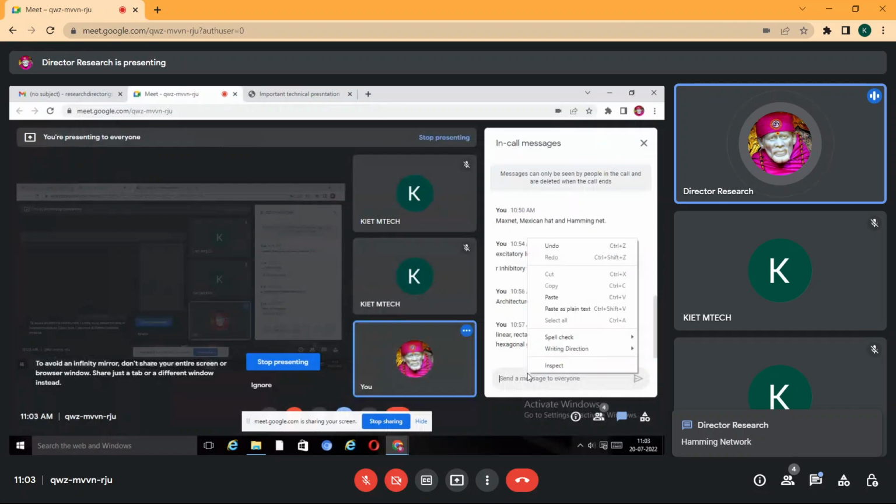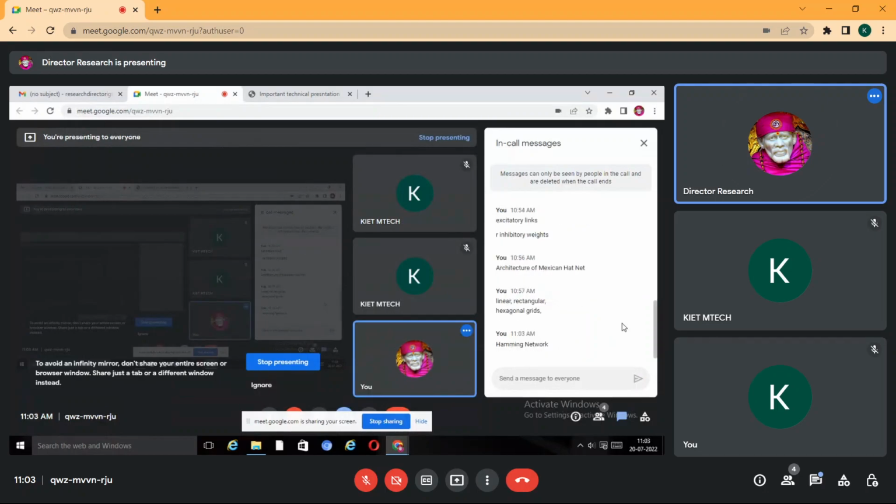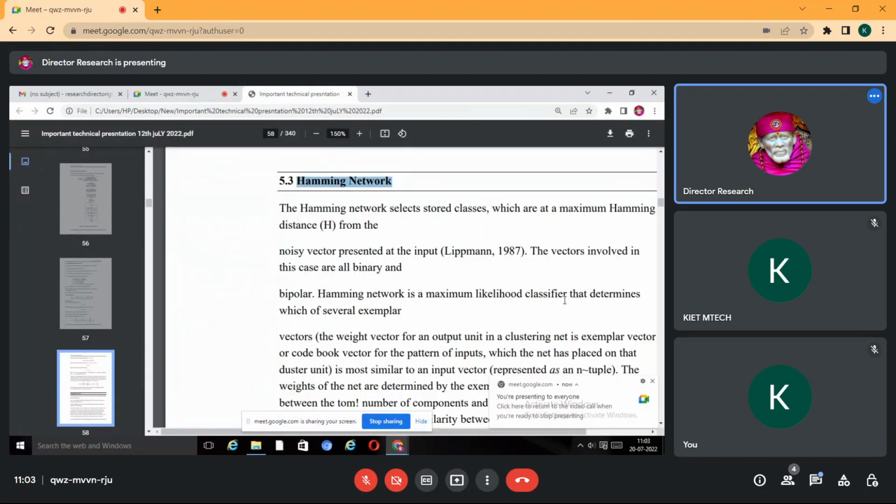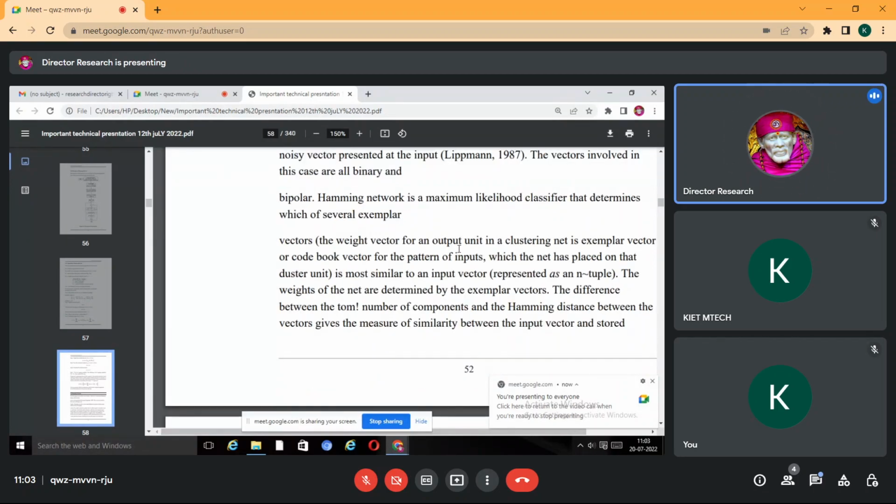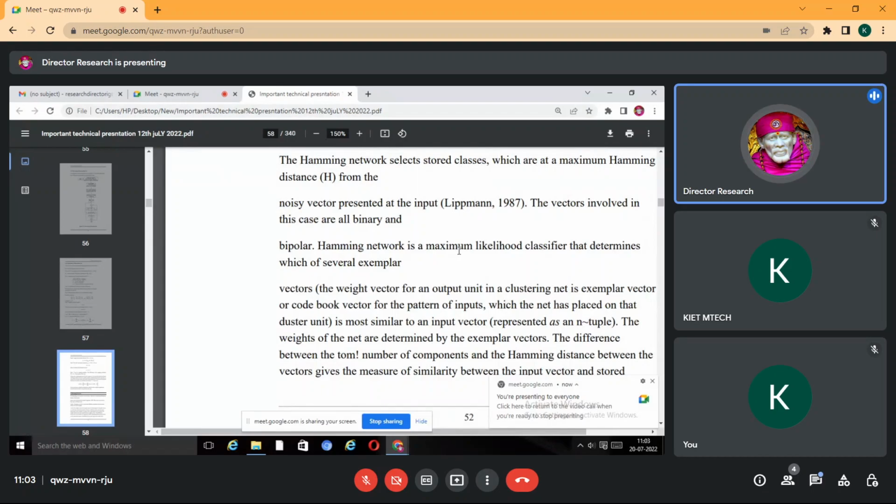The Hamming network selects stored classes which are at a maximum Hamming distance h from the noisy vector presented. The input vectors involved in these cases are binary or bipolar. The Hamming network is a maximum likelihood classifier that determines which of several exemplar vectors is most similar to the input vector, with the weight vector per input unit, and clustering nets.